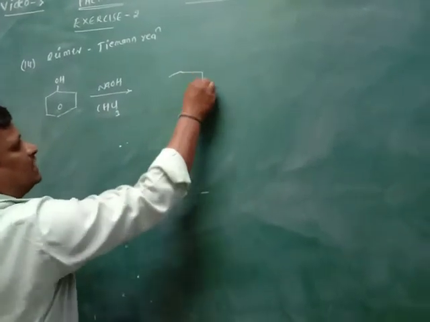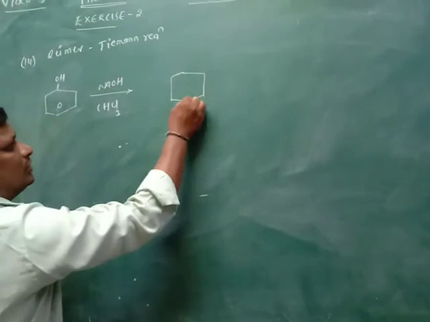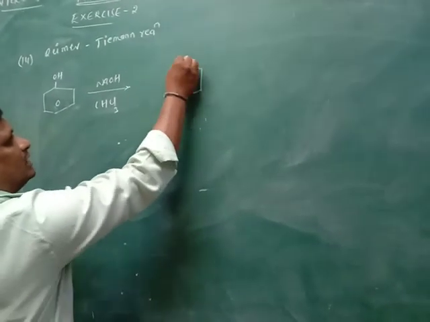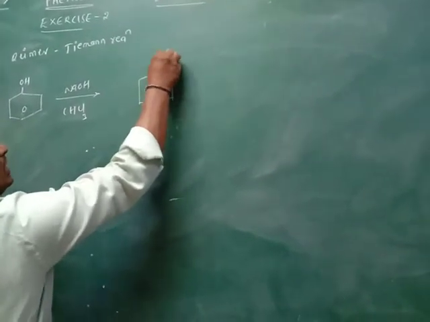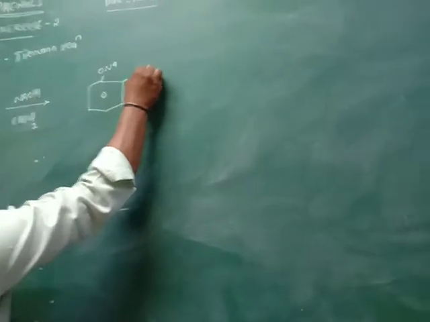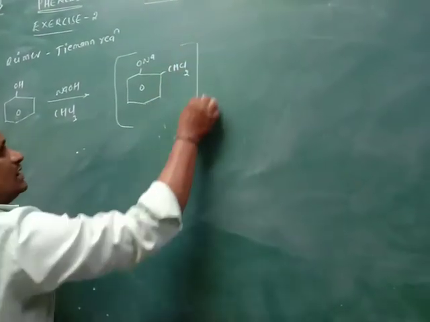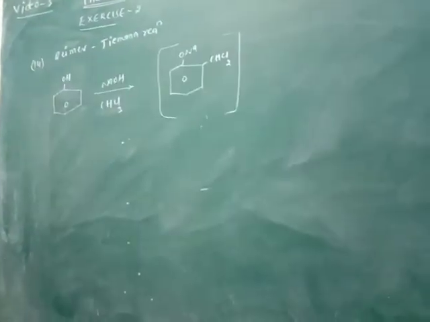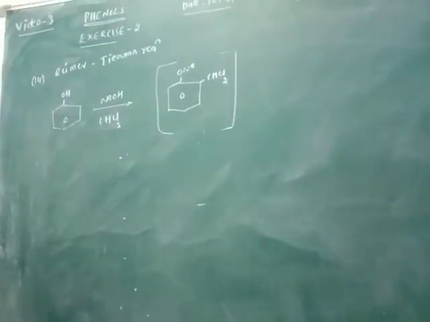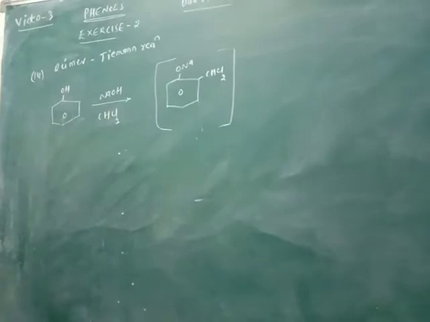Then it gives a substituted compound, ONa with CHCl2. This compound is the intermediate, the substituted benzyl chloride.